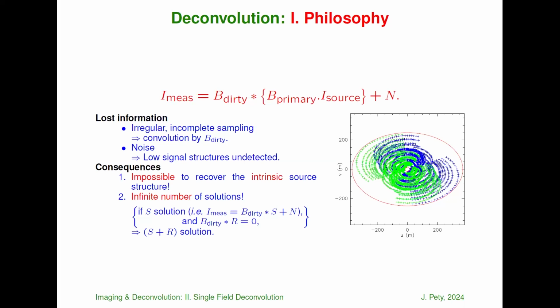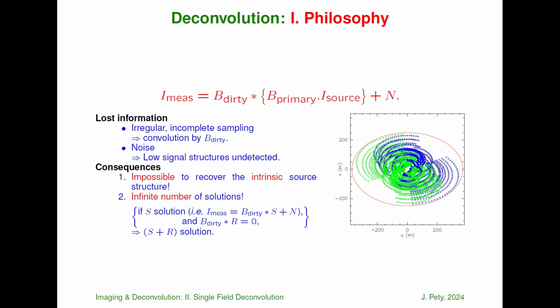I told you at the start of my previous lecture that you have lost information because you don't have a complete sampled UV plane, and at the center you don't have a measurement at all. There is also a second reason why you have lost information: you have noise. At low signal to noise ratio, it will be very difficult to do anything.